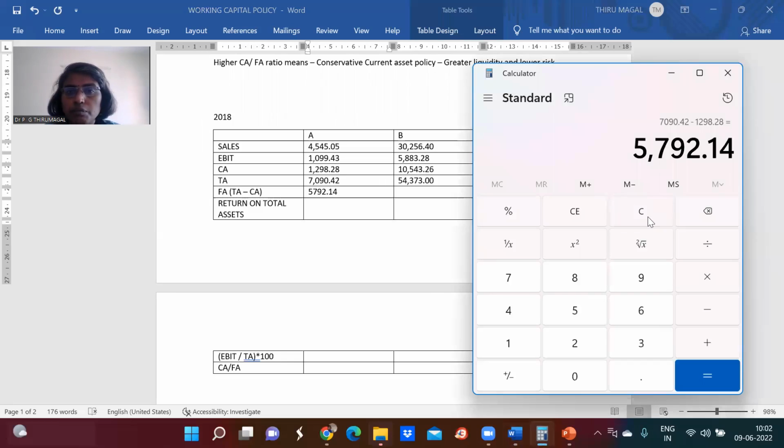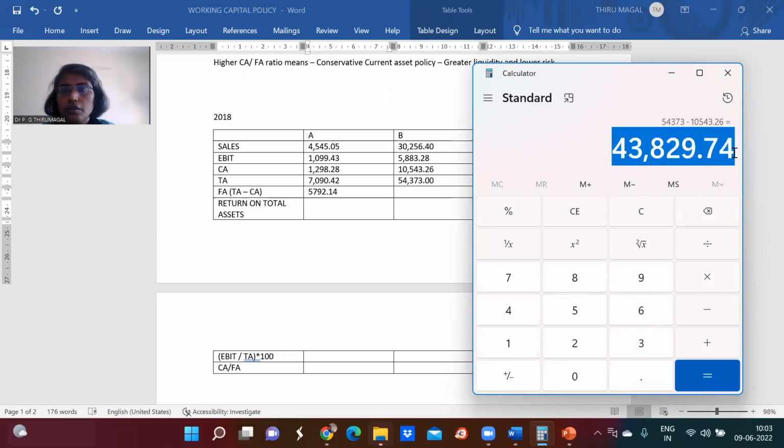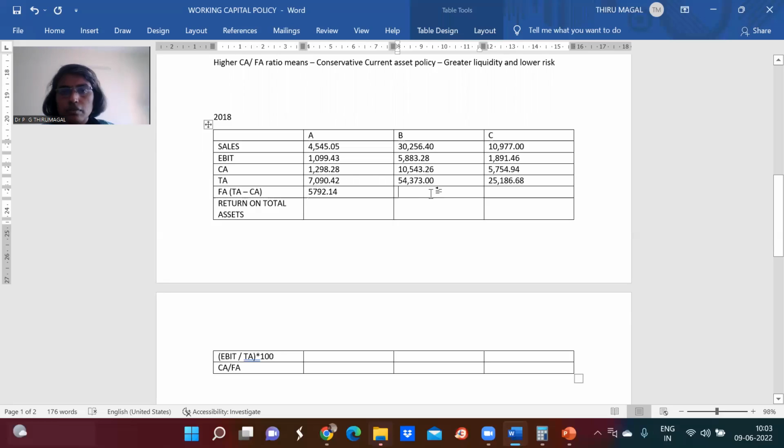Similarly, we have to do it for company B. Here the total asset is 54373 minus the current assets 10,540.26, which means 43829.74.